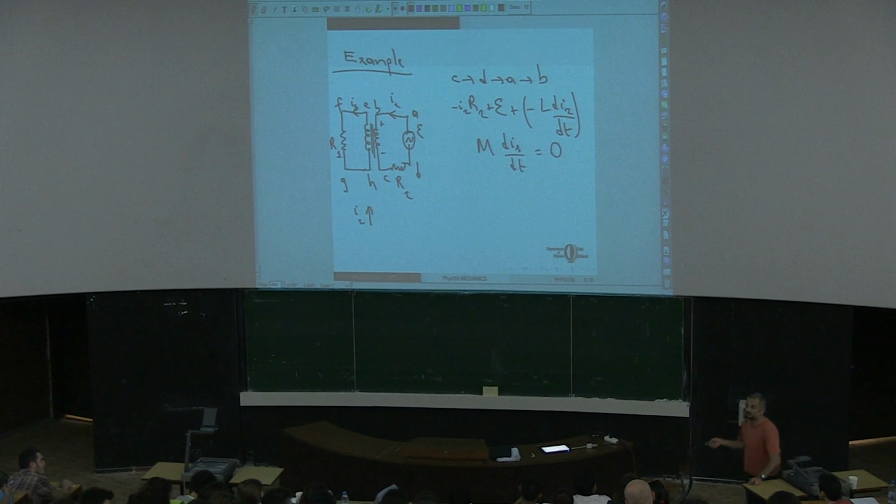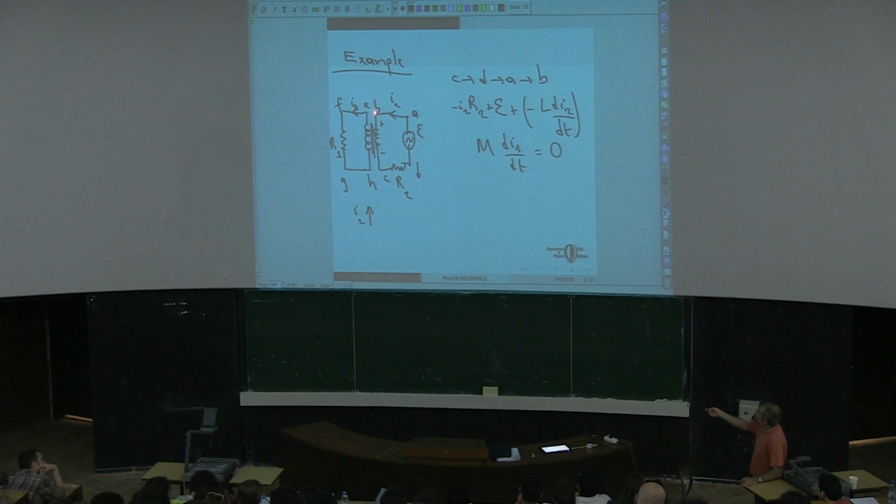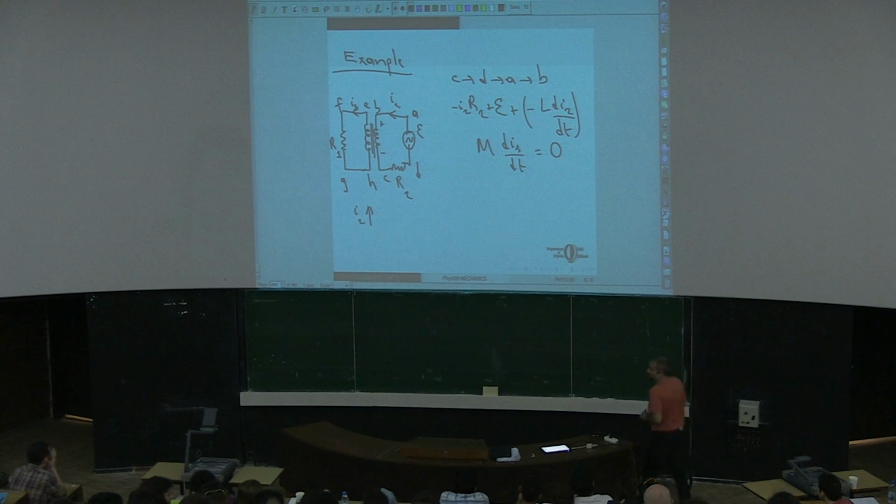Now let us assume that I1 is increasing in this direction. Let's just assume that it will induce an EMF with this polarity, plus and minus. It's the same polarity, so in that case, this will also be a minus.